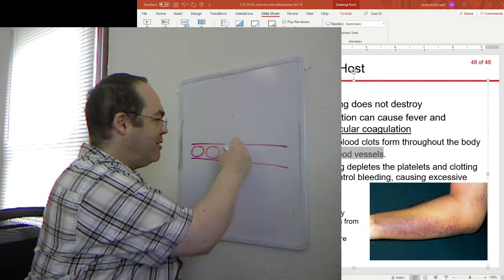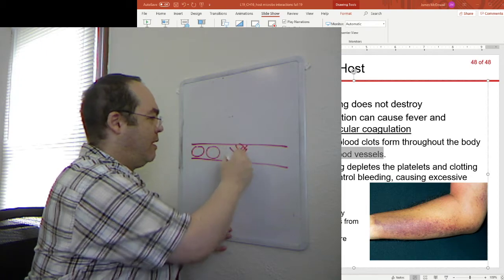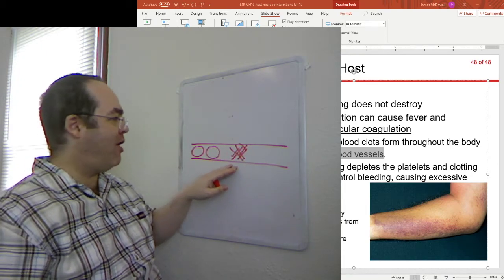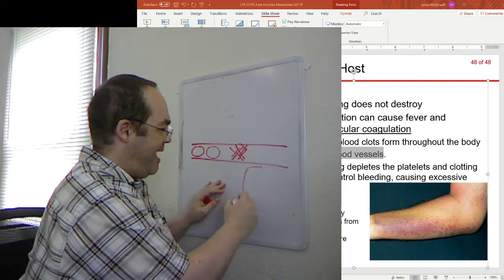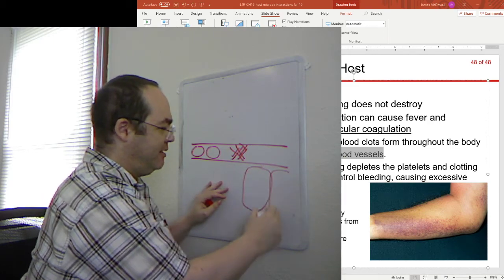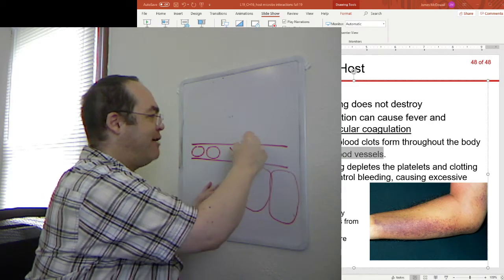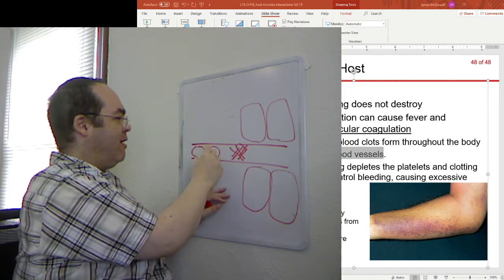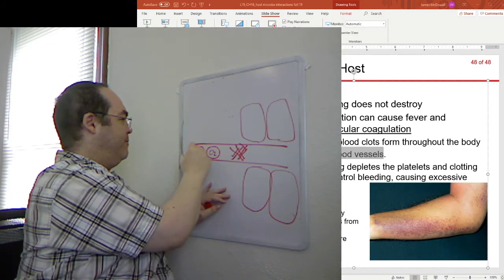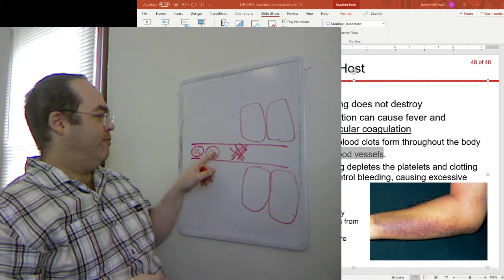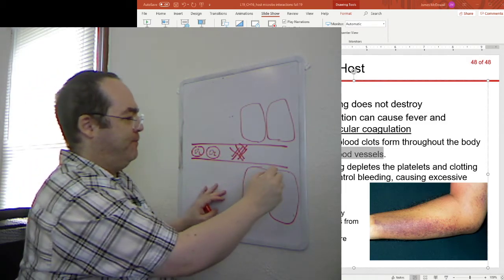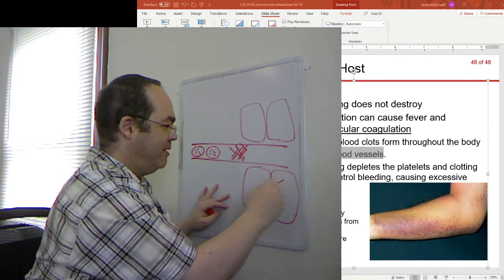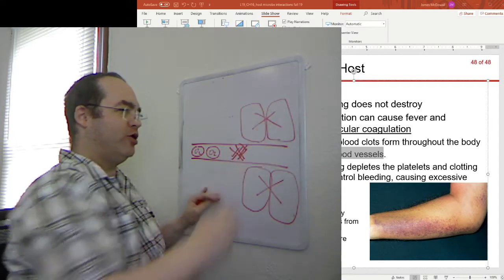And if we have a clot, the clot can block the blood vessel, and any of the tissues, any of the cells downstream that were relying on the oxygen from the red blood cells, don't have access to oxygen.